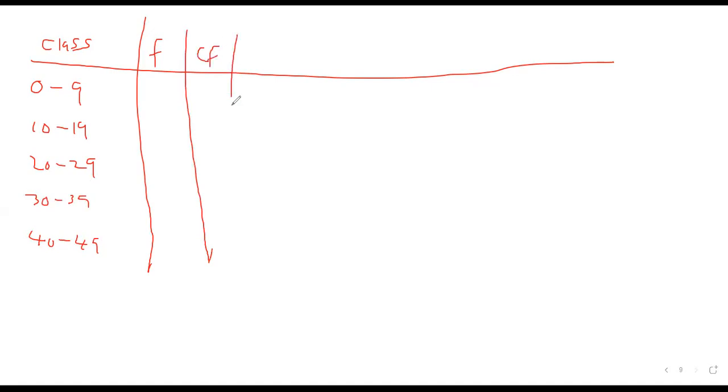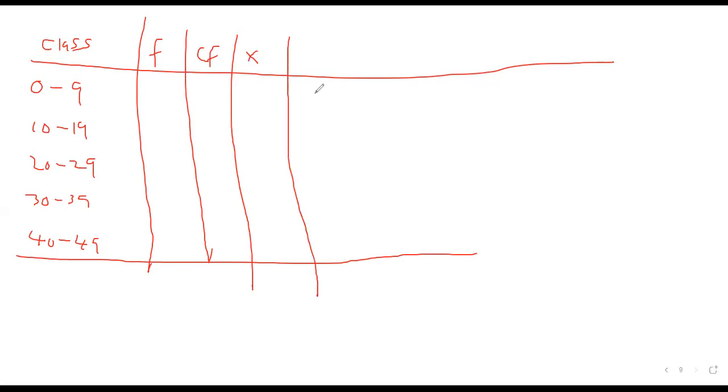Here we have the frequency, the cumulative frequency, the midpoint, the midpoint squared, the fx, and the fx squared.